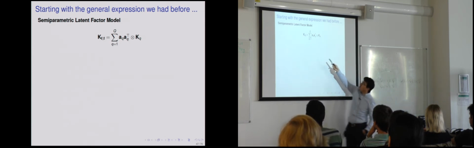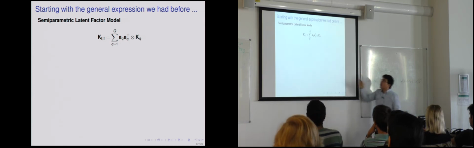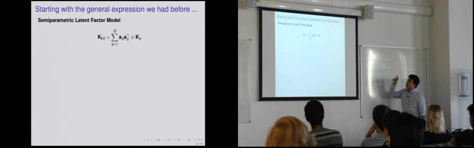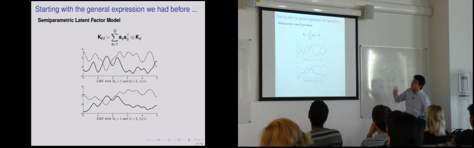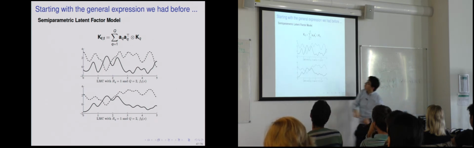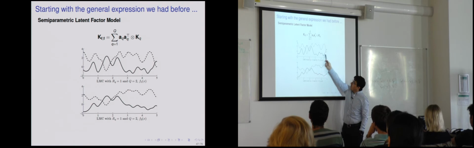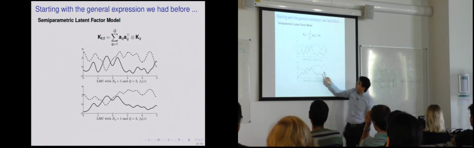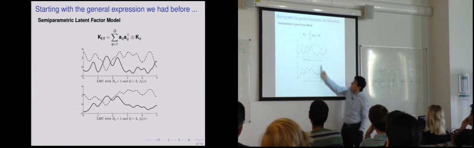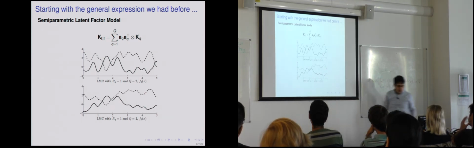Remember, the semi-parametric model is just the sum of Kronecker products between these outer products and kernel matrices computed from the covariance functions of these latent processes. These are two samples from this process. The solid line is one of the samples for F1 and F2, and the dashed line is another sample for F1 and F2.